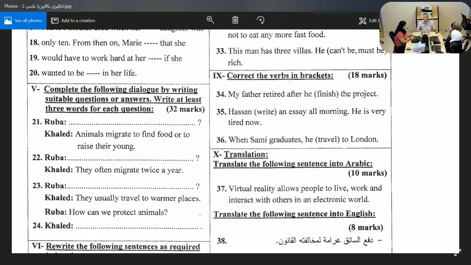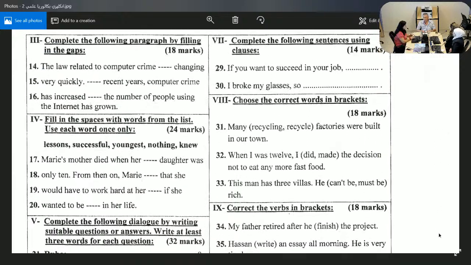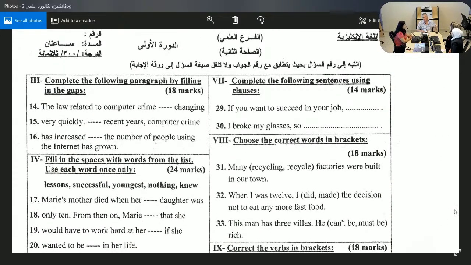Second part, question seven, completion. My advice, sorry, I'm wrapping up maybe. If anyone wants to talk about the completion, it's okay; we are listening. The advice to the student is: if the sentence is in the present, complete it in the present or future. If it is in the past, complete it in the past, or else you may lose marks.